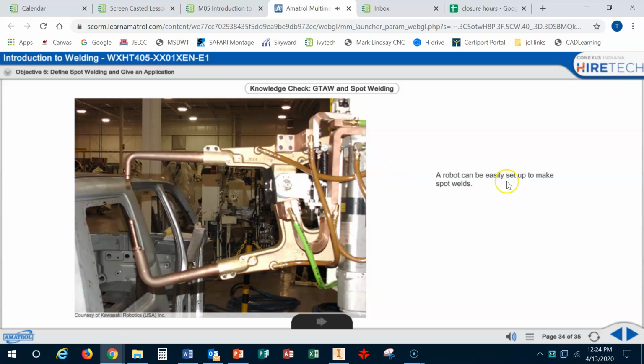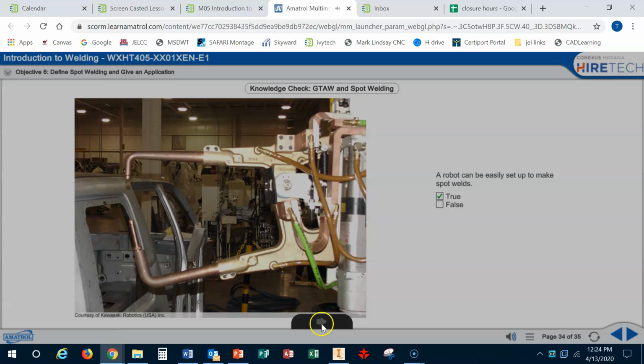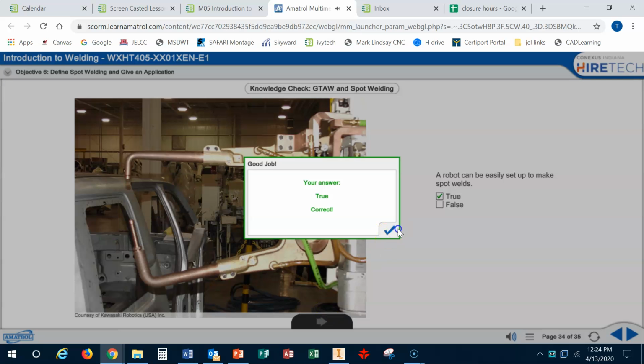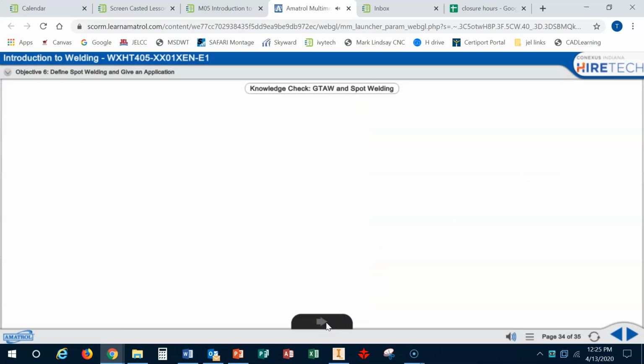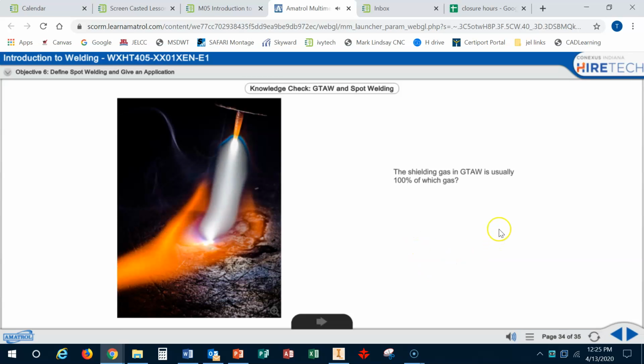A robot can be easily set up to make spot welds. The shielding gas in GTAW is usually 100% of which gas?